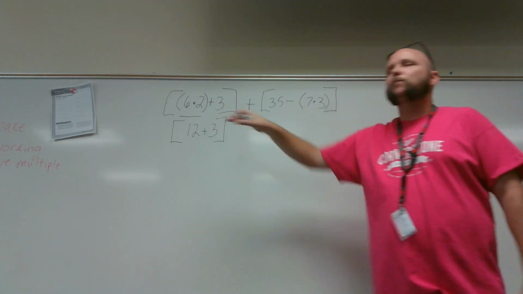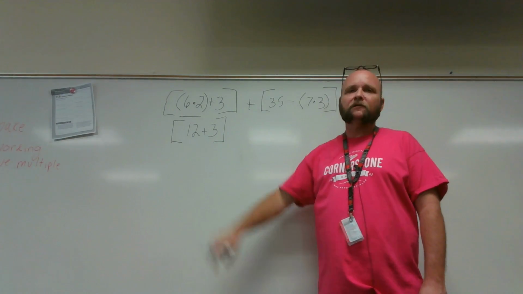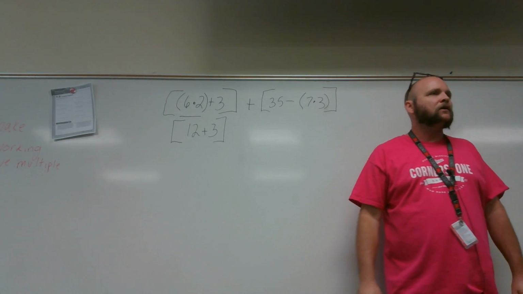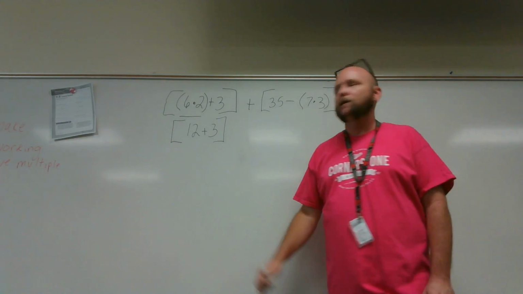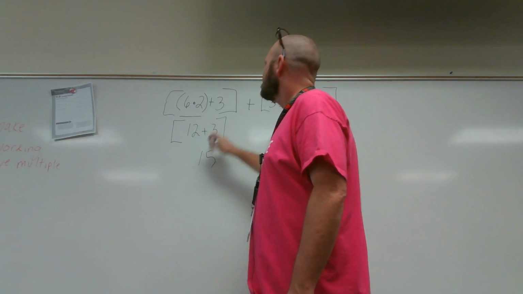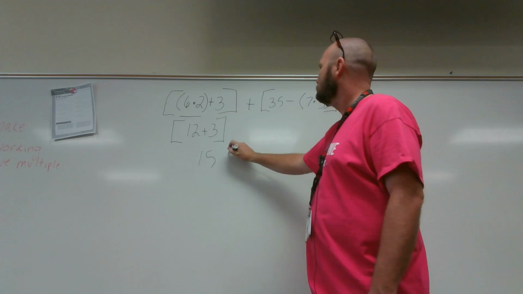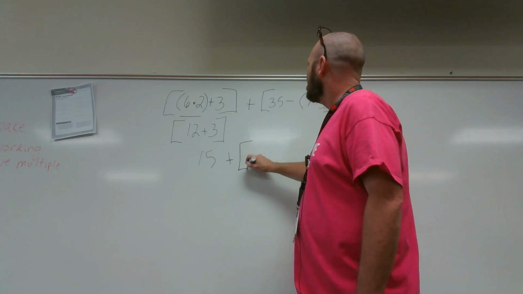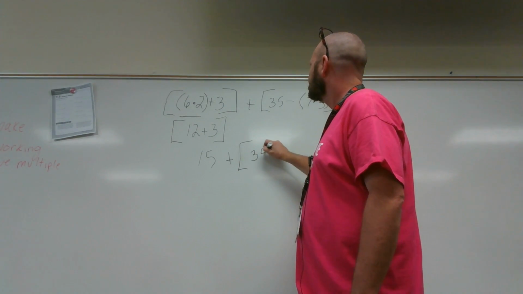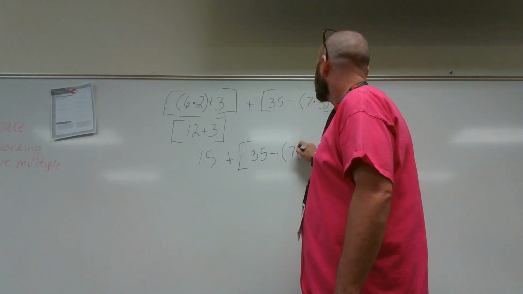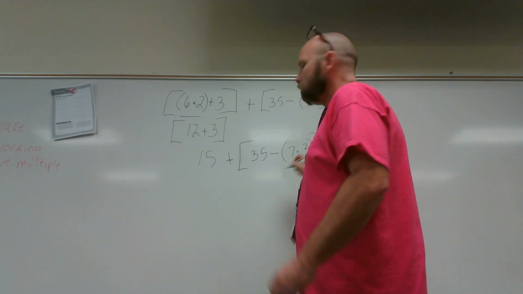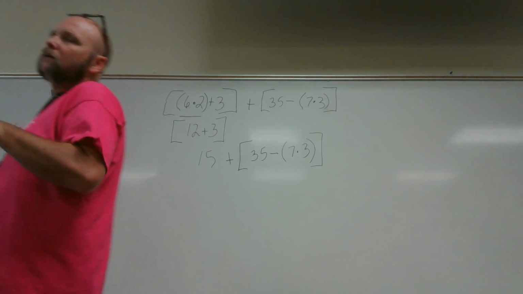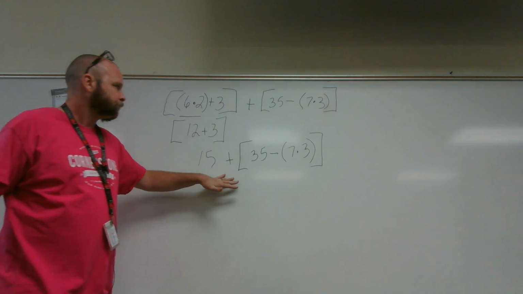Okay, so inside this bracket, I have find the sum of 12 and 3. Taylor, what is the sum of 12 and 3? That is 15. So I've simplified these brackets. I bring down everything in this bracket. Now I'm going to solve everything in this bracket.